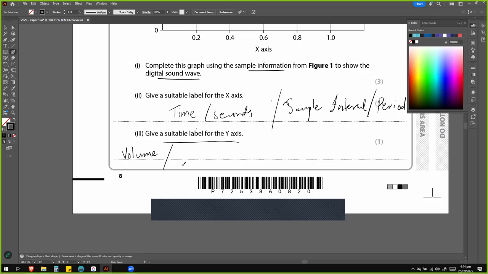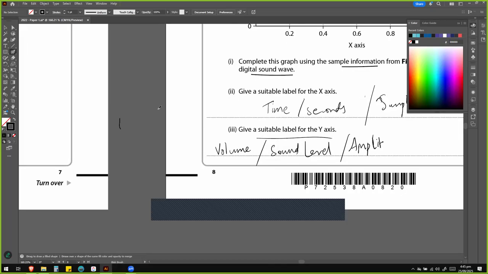You can also say, now I'm doing a slash and the other answers that you could have written here: volume, you could have said sound level. Volume is much better than sound level, right? If you're feeling like answering technically, you could say amplitude. Amplitude basically means how high a wave goes and how low it goes, so that's kind of like the intensity of the wave.